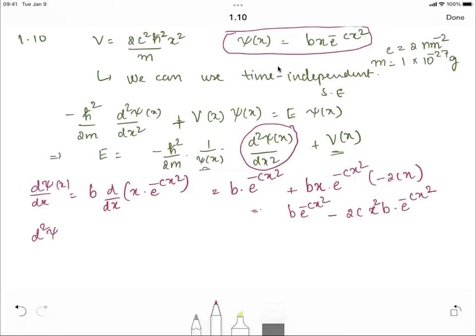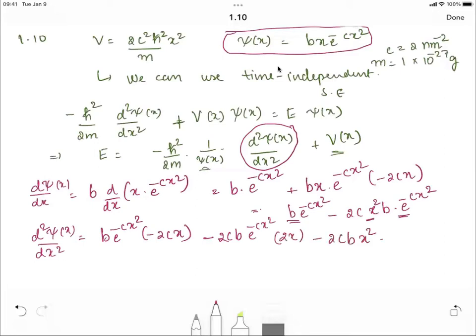Now the second derivative would just be taking a derivative of the first derivative. So the derivative of this term would be this. And here we need to apply the product rule. So let me first take the derivative of x squared, which would be 2x. Now I'm going to take the derivative of the exponential, which will be this.